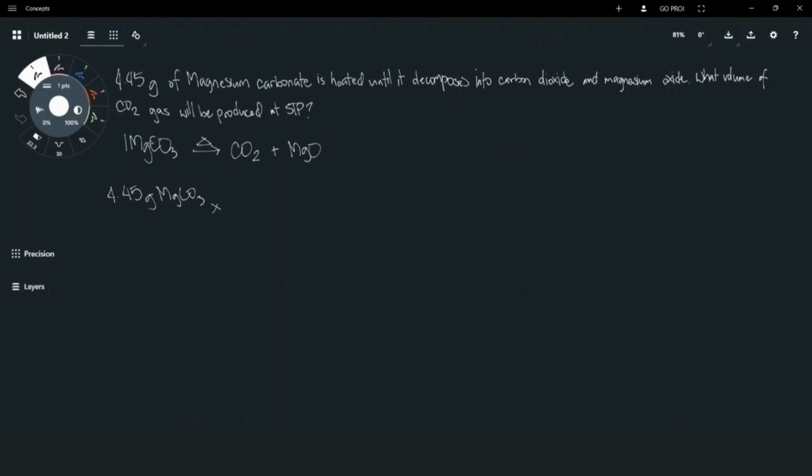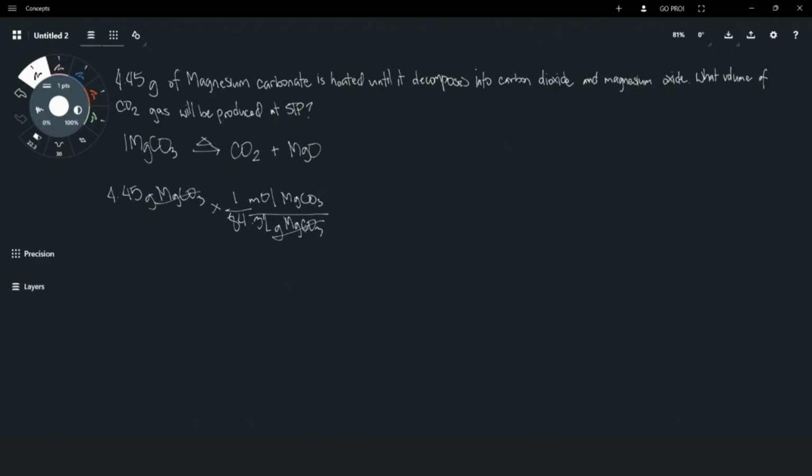The molar mass of magnesium carbonate is 84.32, as it is 24.31 plus 12.01 plus 16 times 3. So that's 84.32 grams per 1 mole of magnesium carbonate.